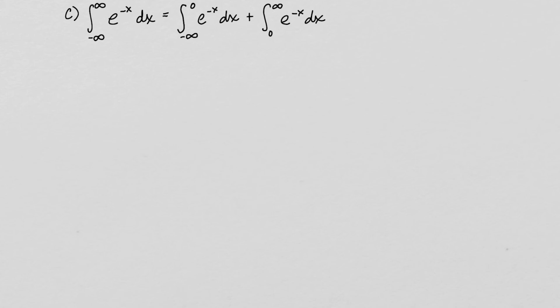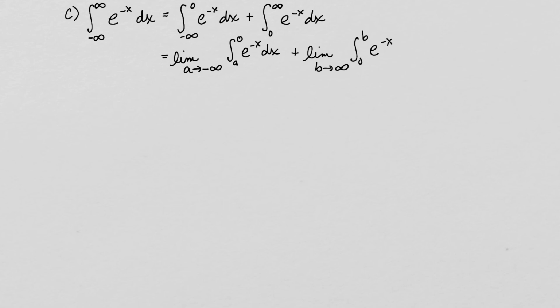Okay, so for each of these I'm going to have to make a limit. So this is going to end up being the limit as a approaches minus infinity of the integral from a to 0 of e to the minus x dx, plus the limit as b approaches positive infinity of the integral from 0 to b of e to the minus x dx.